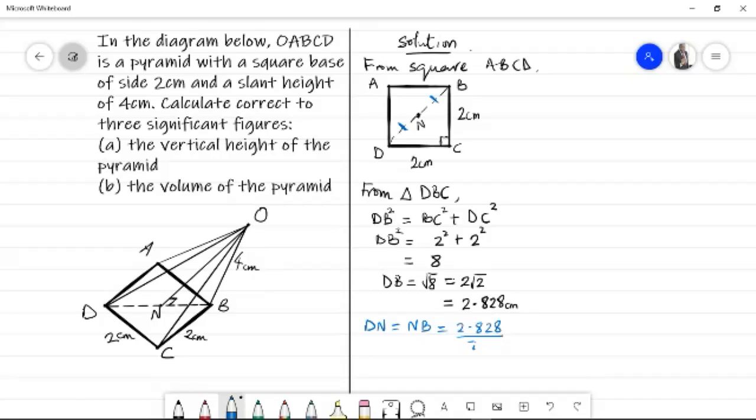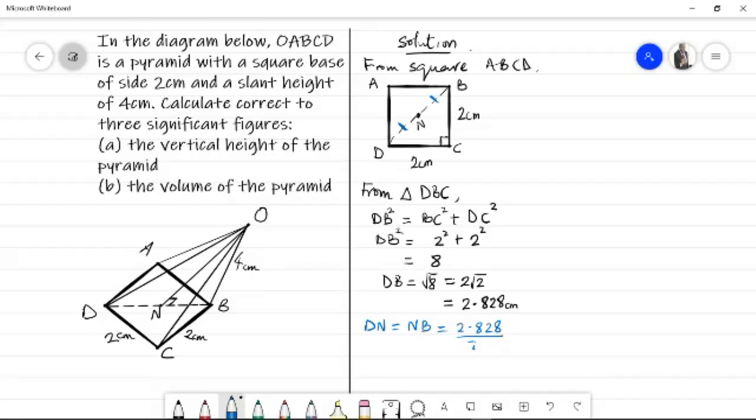Now I would like to focus on another triangle, triangle ONB, which is coming from my pyramid. I want to bring out that triangle from the shape. I'm talking about this, this, and this.